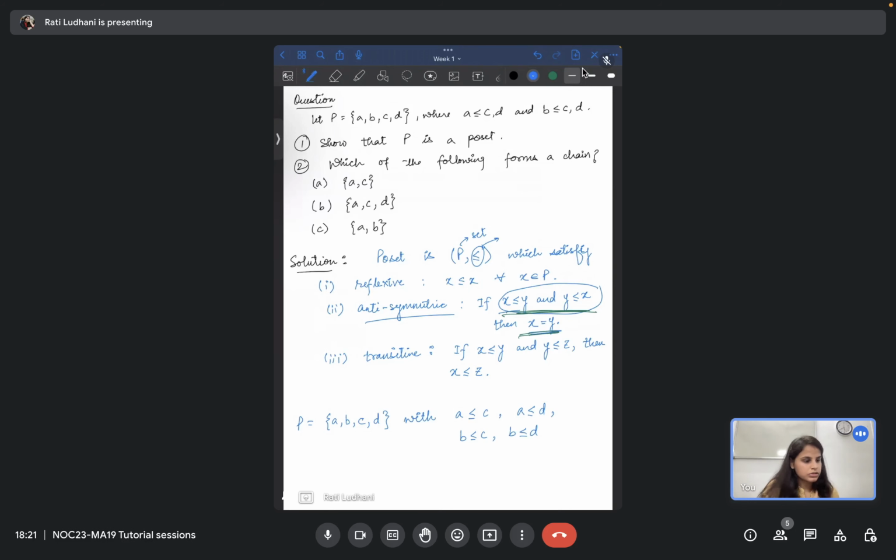One more thing. A is less than or equal to C and A is less than or equal to D. I should write one more property here that will make sense.